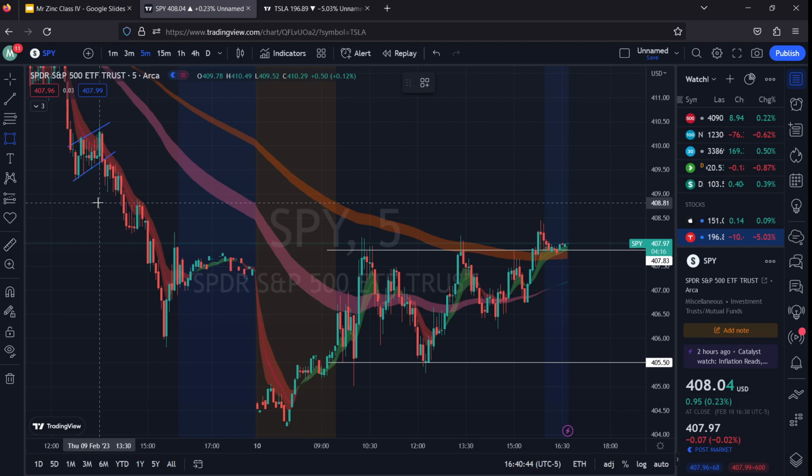So what I'm doing is we have the origin of the move here. Price action's confined within this channel. Bounce off the bottom, reject off the top, bounce off the bottom, reject off the top. Did that twice, and then it had that break.